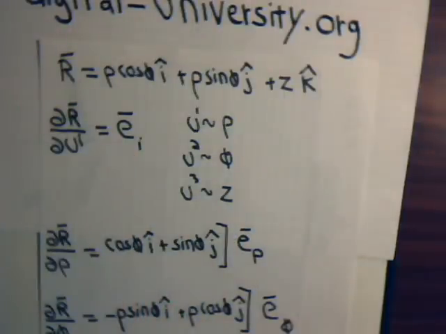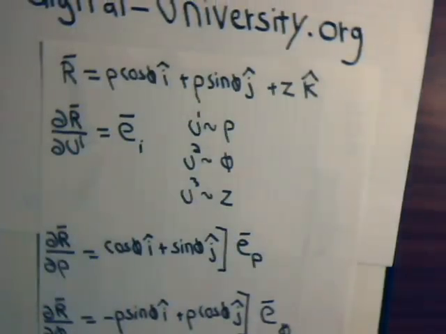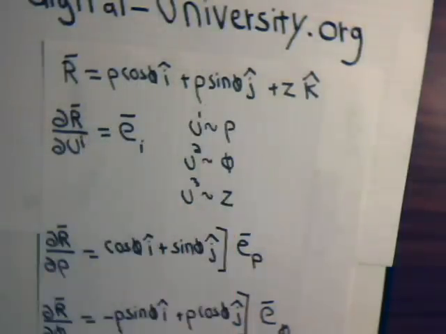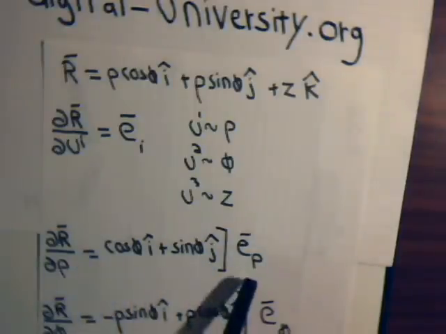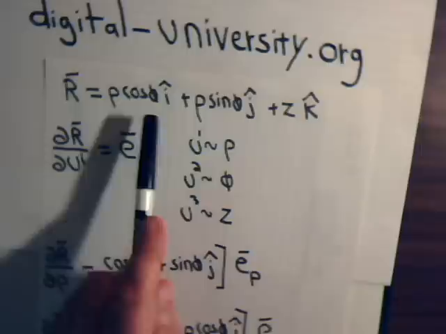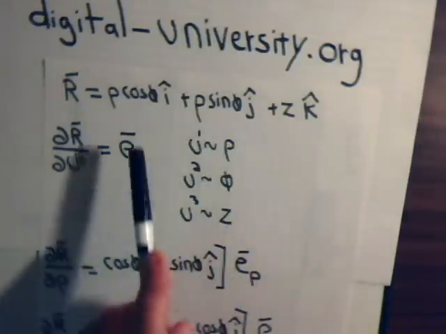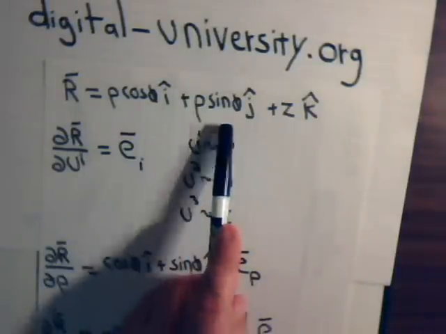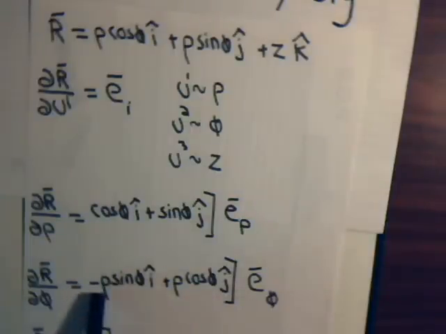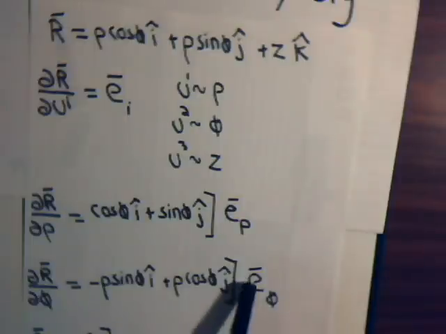So taking the partial of r with respect to rho just gives us cosine plus the sine, and that's what we have right here, and that is then e rho. Taking the partial of r with respect to psi, this will be minus sine plus the cosine, and that's what we have here, and then that's equal to the tangential vector e psi.